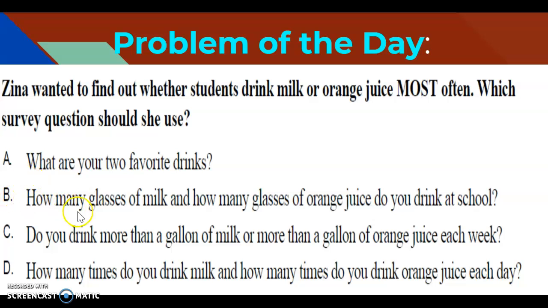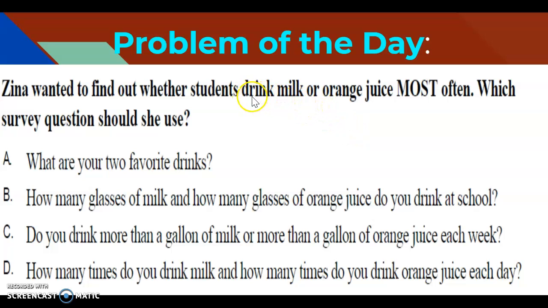Let's go to B. How many glasses of milk and how many glasses of orange juice do you drink at school? So in this one, they're talking about milk and orange juice, and it's asking how many glasses do you drink. Is that going to answer the question of what Zena is trying to find?